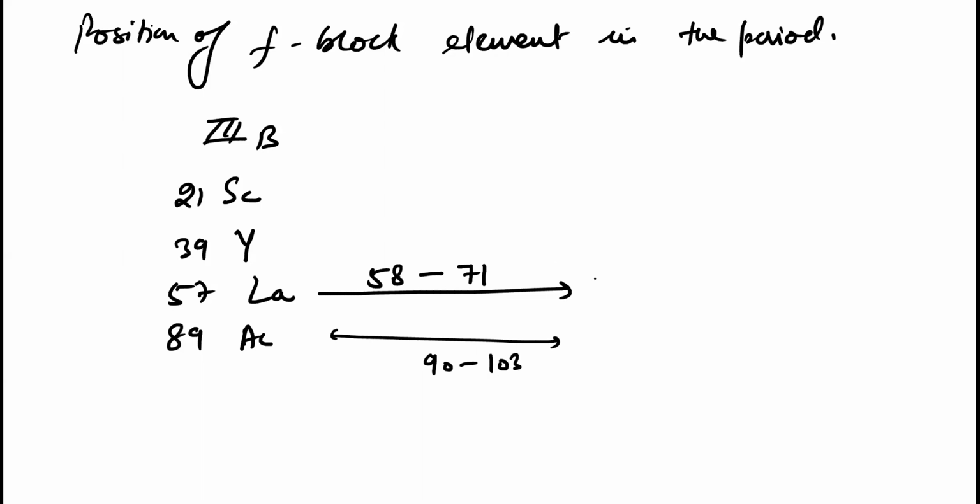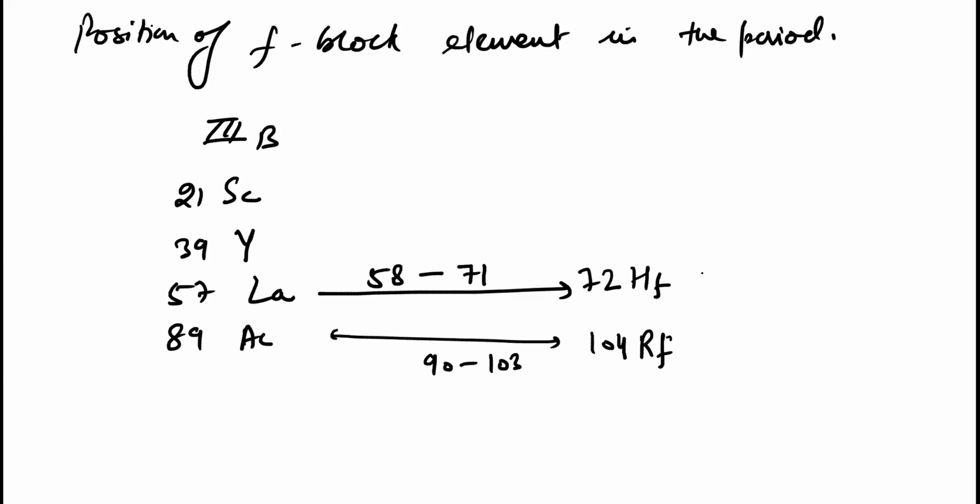Now 72 is hafnium, Hf, and 104 is rutherfordium, Rf. So this is 72.